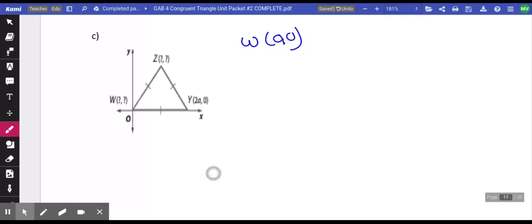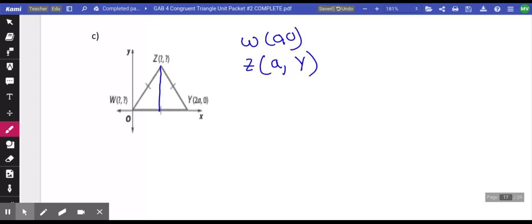So since W to Y is 2a, and equilaterals are special isosceles triangles, we know Z, the first coordinate, is a. We don't know the second coordinate, so I'm going to call it y. Now we need to find that.